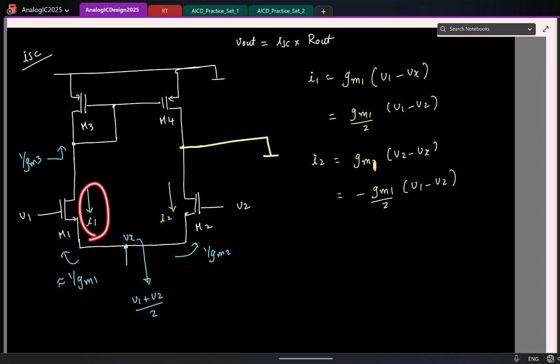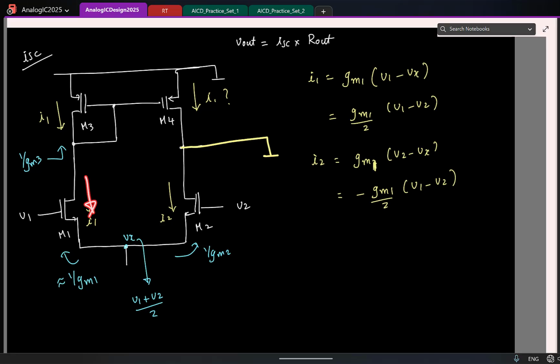So if this current is I1, what can you say about the small signal current through M3? That is also I1. So what can you say about the current through M4? Minus I1, I1, 2 times I1. Why? The idea is, once again, this is essentially a constant current bias scheme.